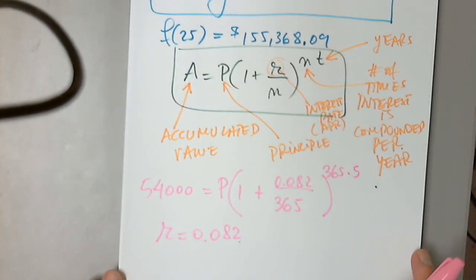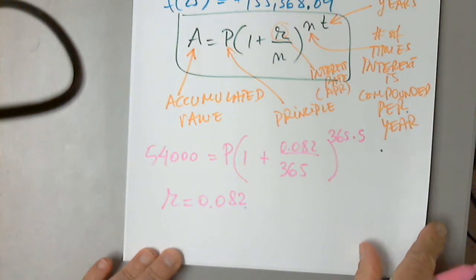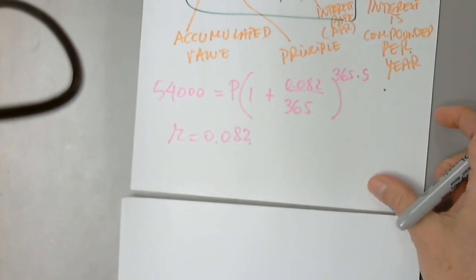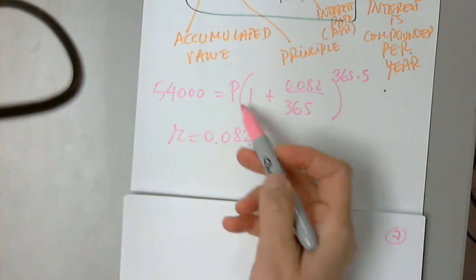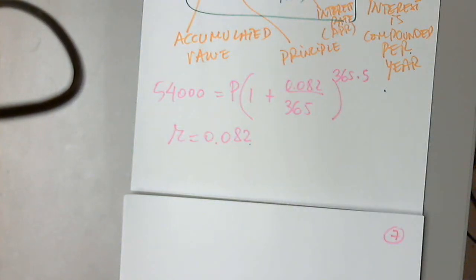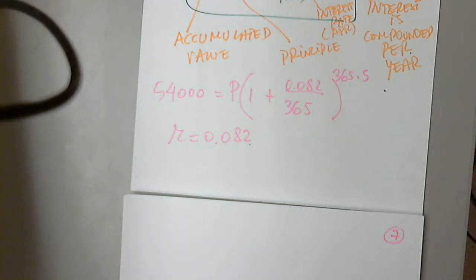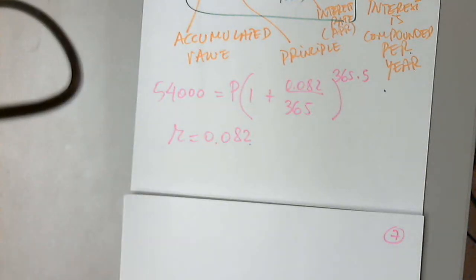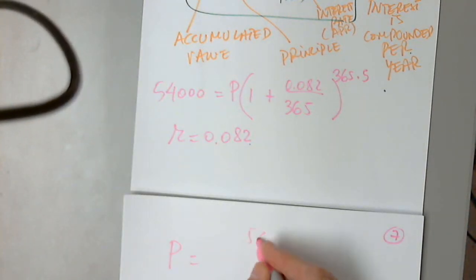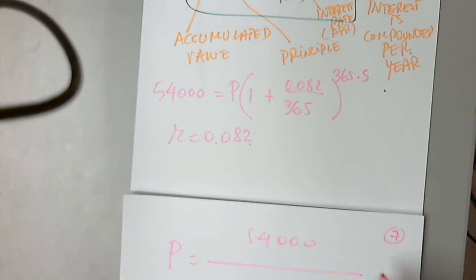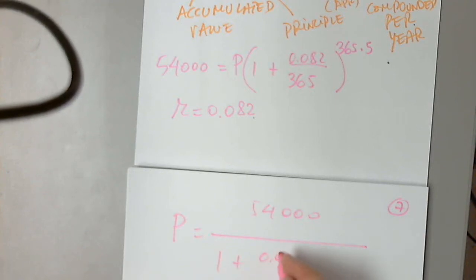Okay, so then, here's what I recommend in one step. What I would do, I would just write this in one step. One calculation, 365 times 5.